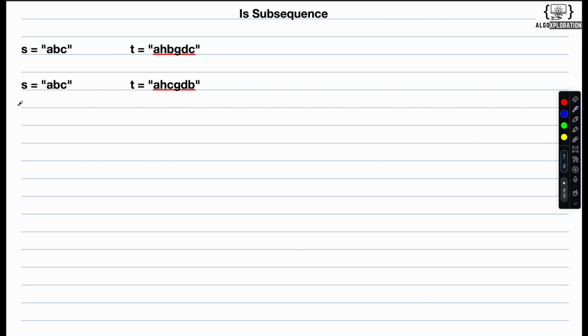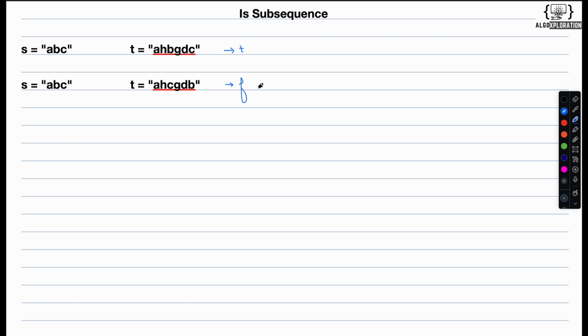But in S we have A, then B, and then C, while in T we have A, then C, and then B. Here the ordering is changed. So S is not a subsequence of T. If it is a subsequence, then we have to return true. If it is not, then we have to return false.